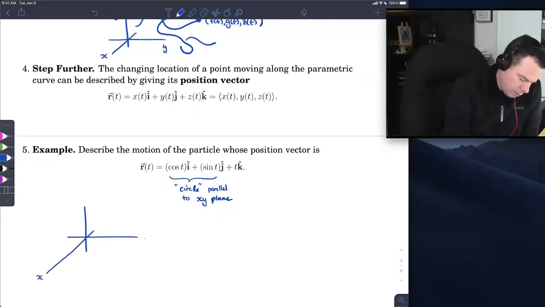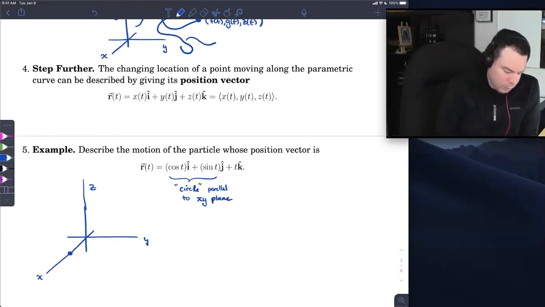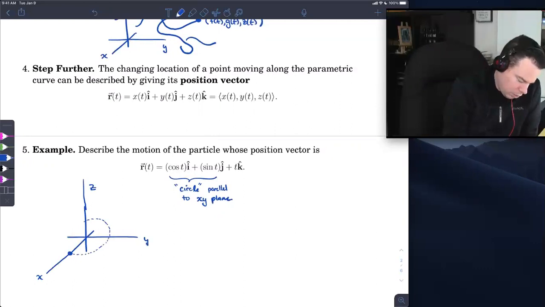So here's x, y, and z. And when t is 0, we're at this point. What typically would be a circle, if the z value wasn't changing, would look something like this.